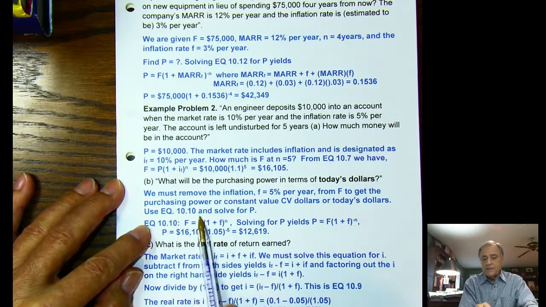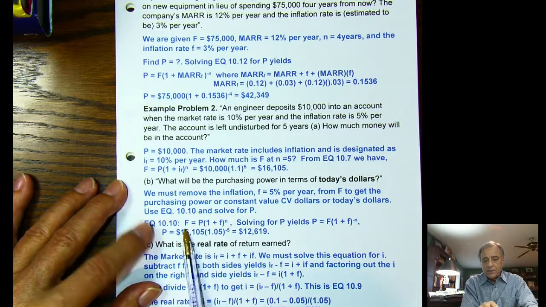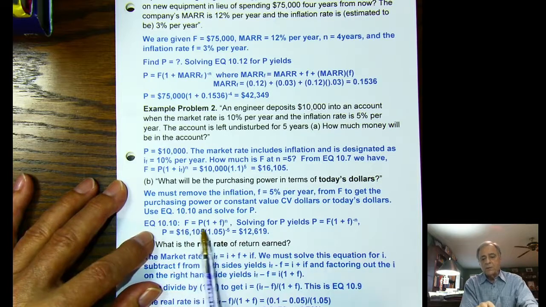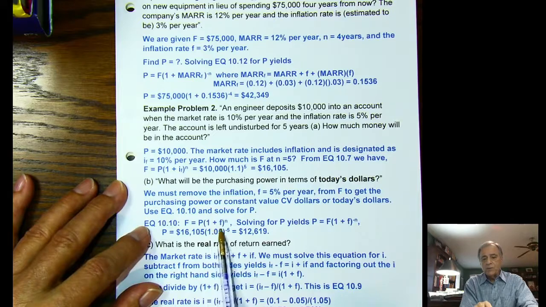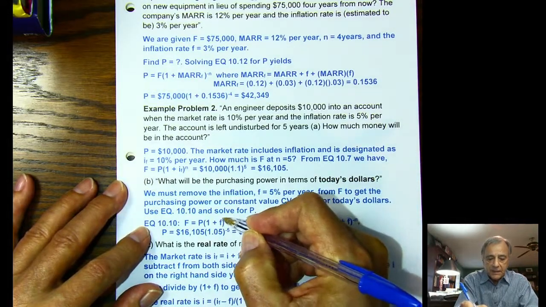Use equation 10.10 and solve for P. Equation 10.10 is, this is really the purchasing power of F, equals P times 1 plus F.